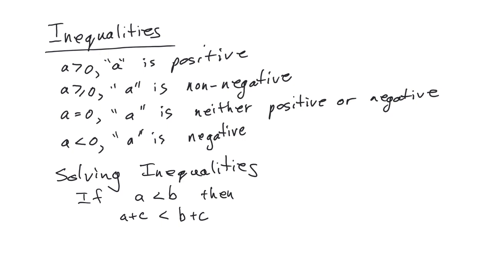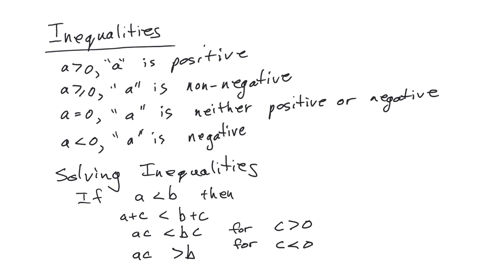But if I have something like this, AC is less than BC, that means our C value must be greater than 0. If I have AC is greater than BC, that means that we had our C value being less than 0.